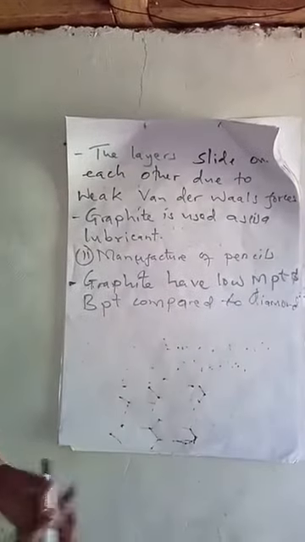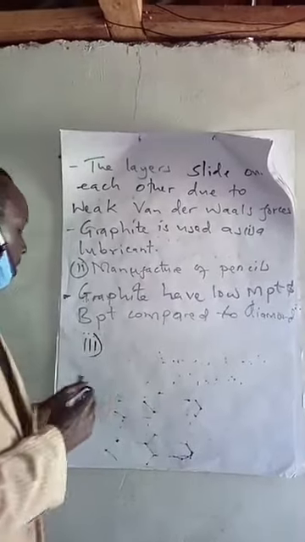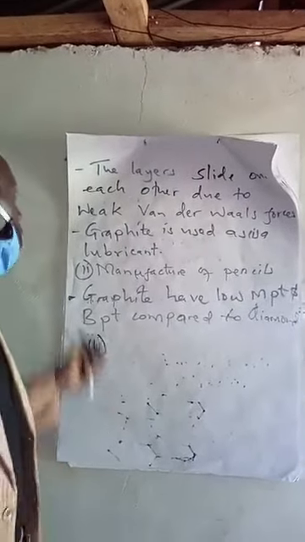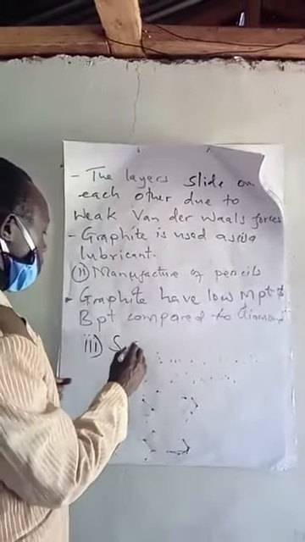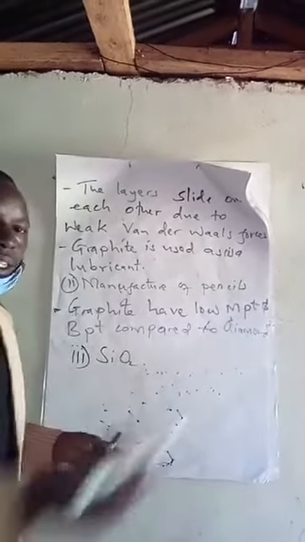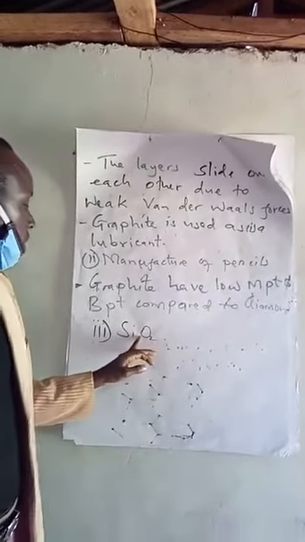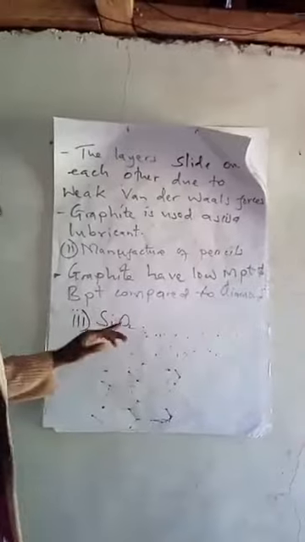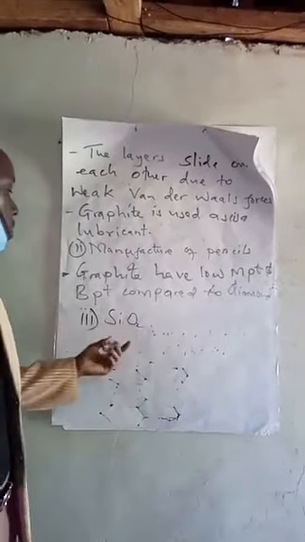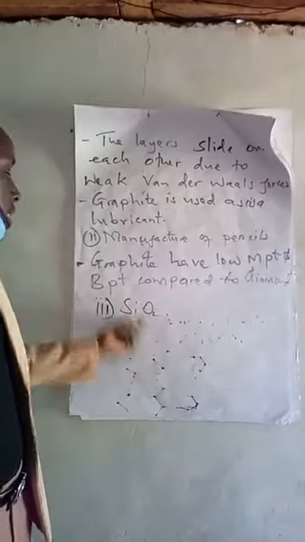Now for silicon 4 oxide, number 3, giant atomic structure. Diamond, graphite, silicon 4 oxide. Let me just mention, this is also a compound which has giant atomic structure, is silicon, where 2 oxygen atoms are bonded to 1 silicon atom.